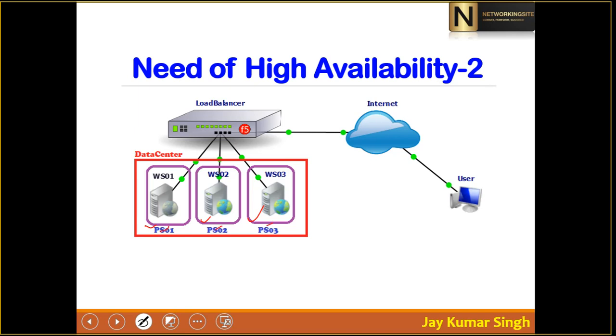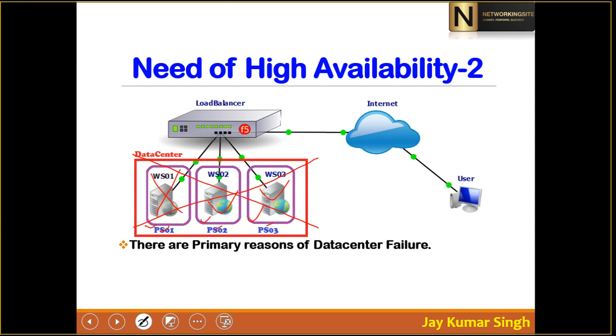If physical server 1 is down, no problem, you have physical server 2 and 3. But the problem comes if your main data center is down, then your entire set of physical servers is down, and internet users won't be able to access it.